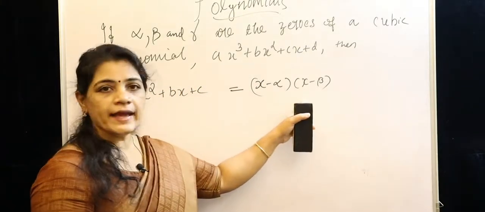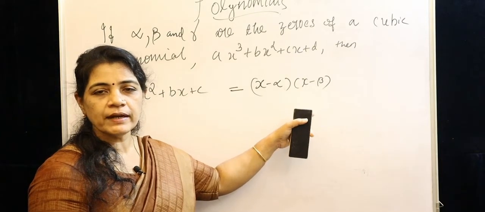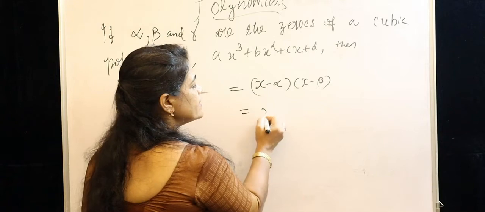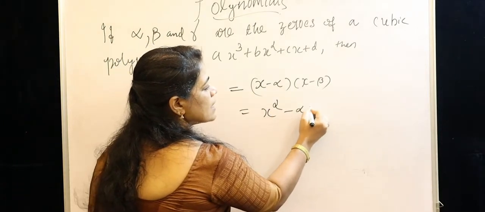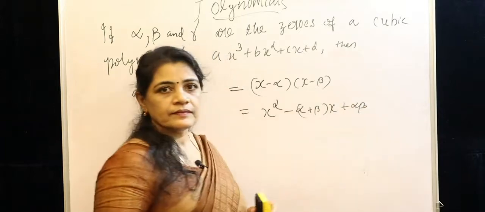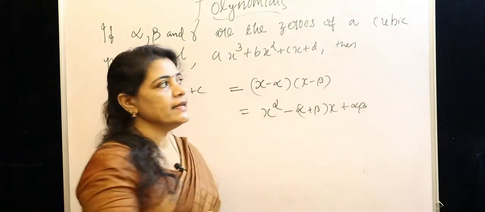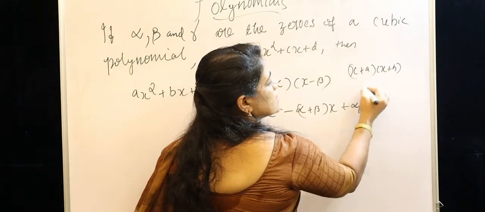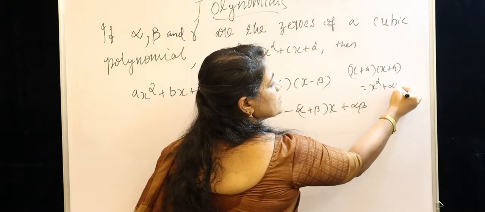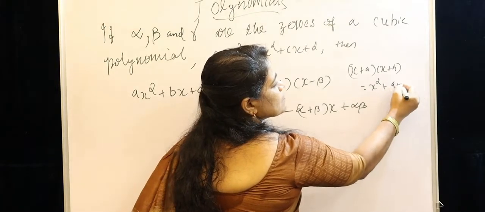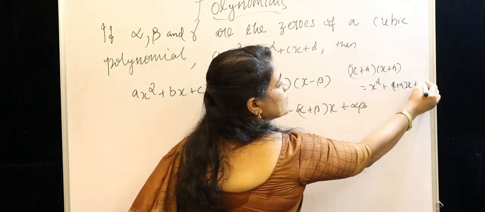Understood? And if you expand this, by term by term multiplication or using the identity, you will get x square minus alpha plus beta into x plus alpha beta. The identity is x plus a into x plus b, which is equal to x square plus a plus b into x plus ab.